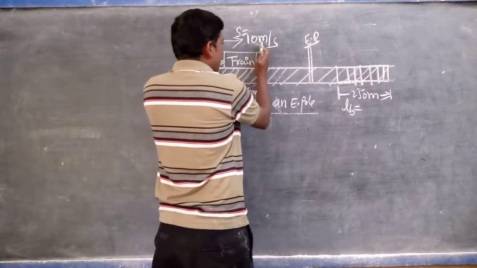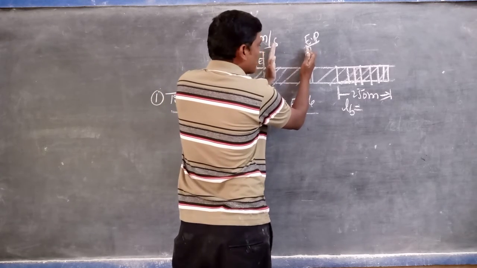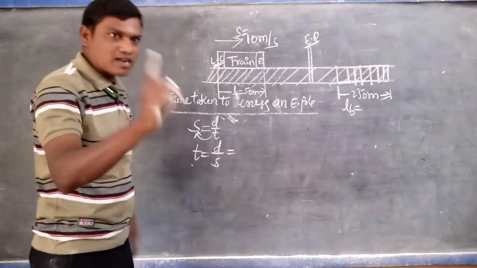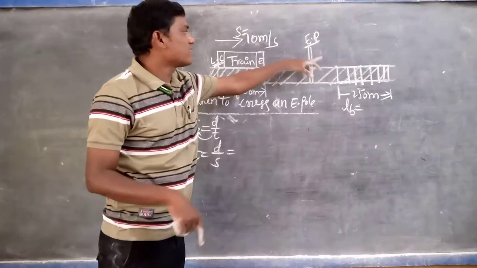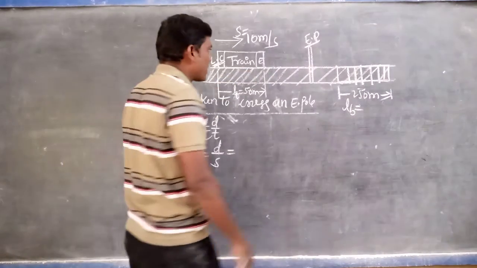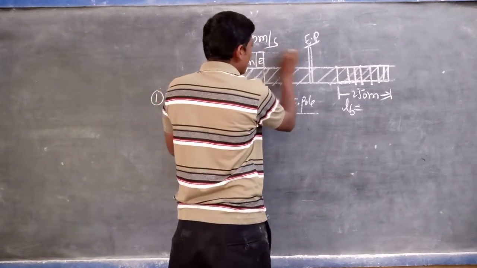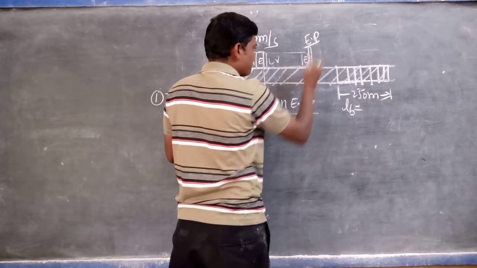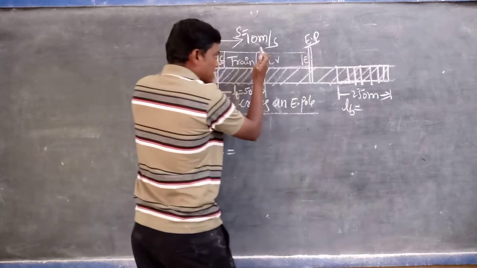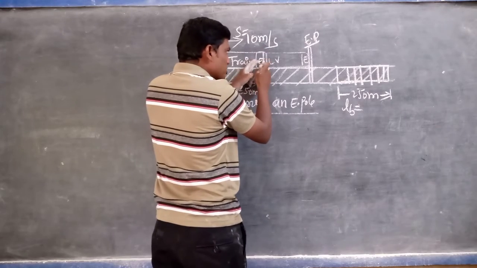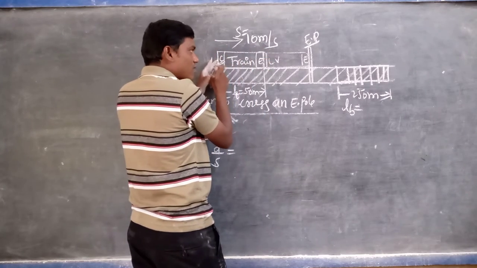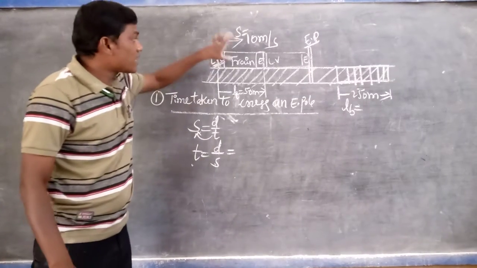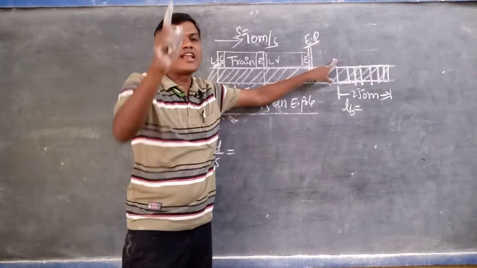When the engine starts to cross the electrical pole, that is not the complete crossing. Only when the train from engine to the last wagon or compartment has crossed the electrical pole can you say the total train has crossed.